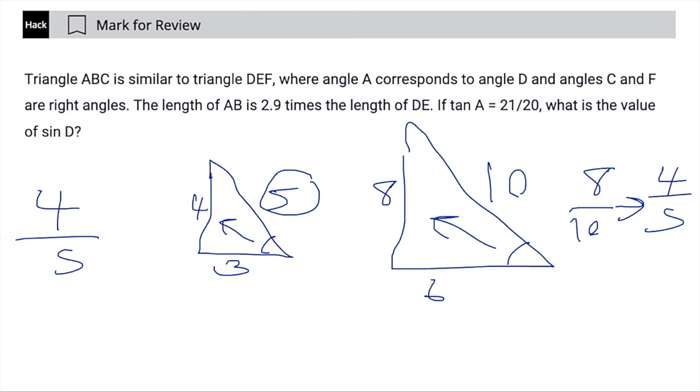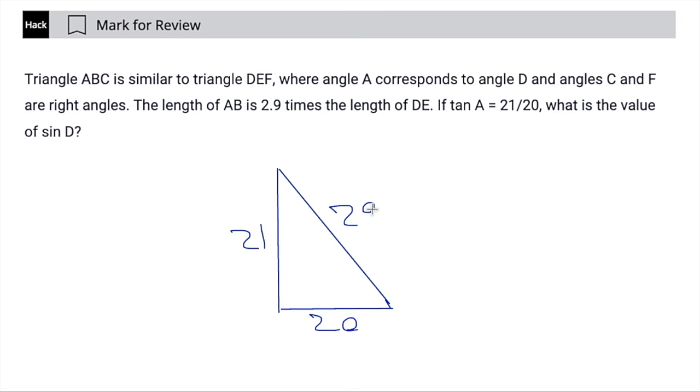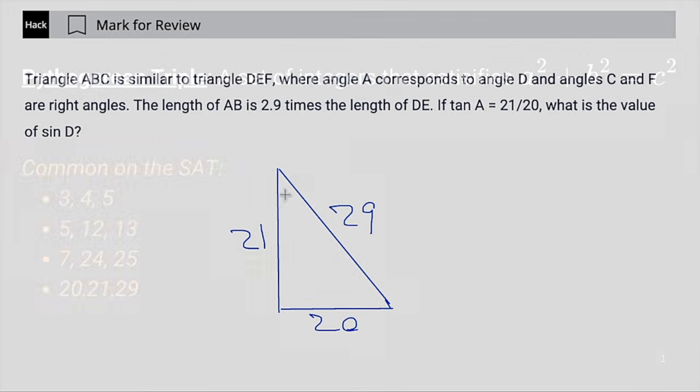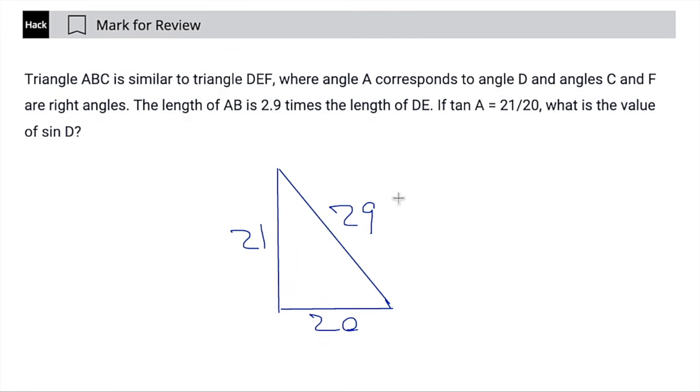So in actuality, we're looking at this triangle that has lengths of 20, 21, and, little bonus hack for you, 20, 21, 29 is another Pythagorean triple, but obviously you could just use the Pythagorean theorem to get this 29. It's asking you tan of A is 21 over 20. So A is like here, and we have opposite over adjacent.